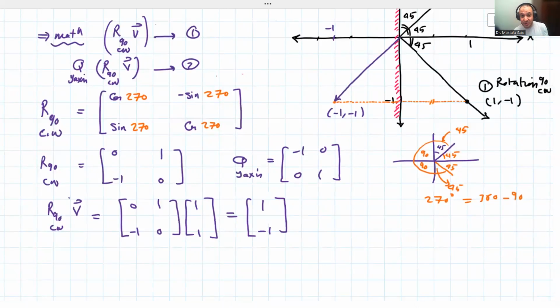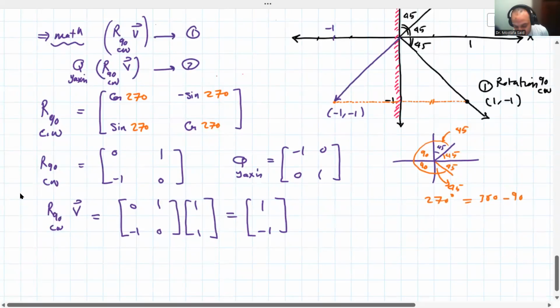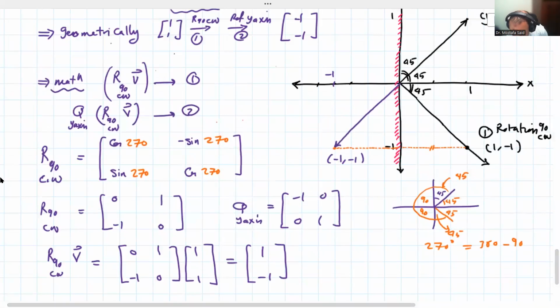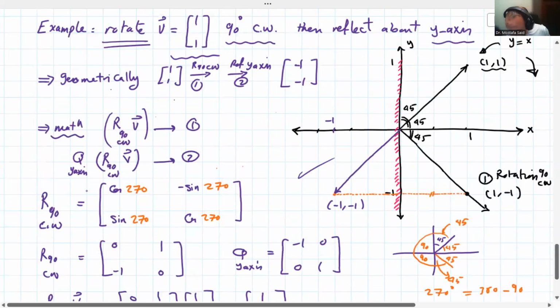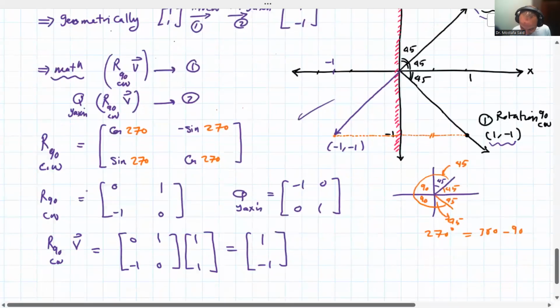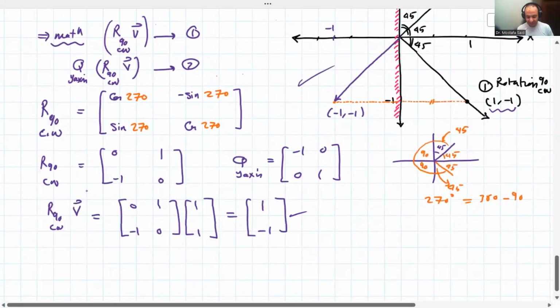Before we continue, let's check if this is correct, because we did that before. When we did the geometric solution in 2 steps, we know the result of the first step. When we did the rotation, the 1, 1 becomes 1, minus 1. We are correct so far.